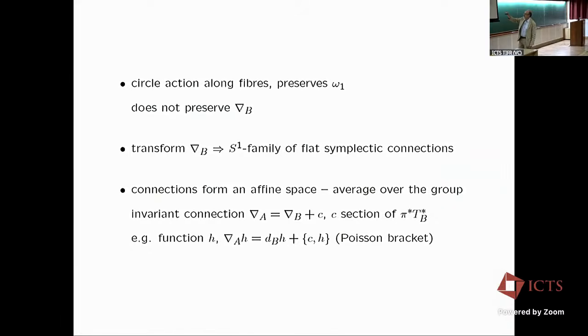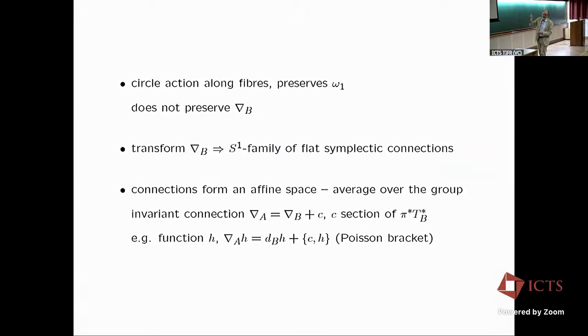So this will be given by the flat connection nabla B plus C, where C will be, I want to think of it now as, I want to think of this covariant derivative as acting on functions. So if you like, my Lie algebra, if you think of it in gauge theoretic terms, I have a bundle of Lie algebras.